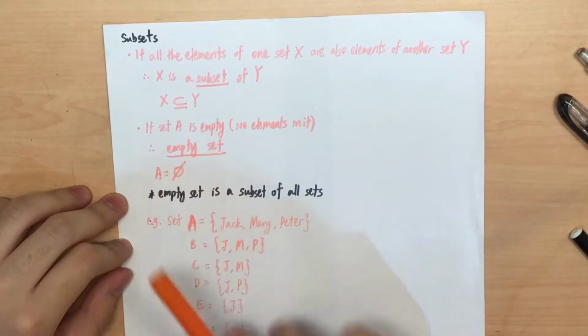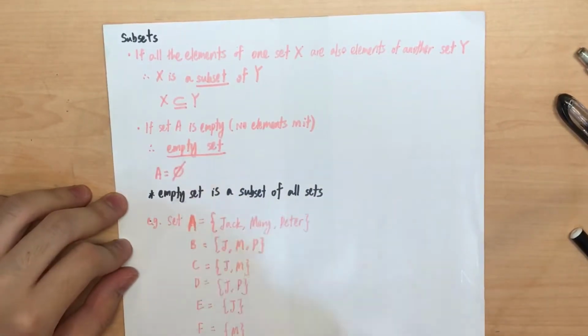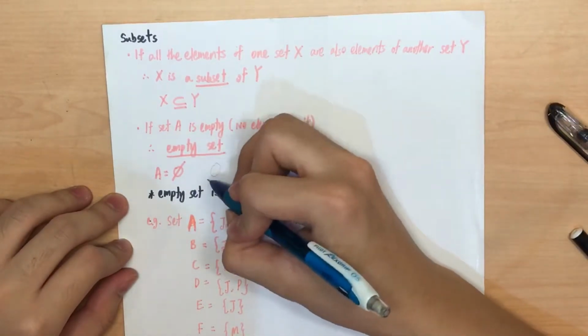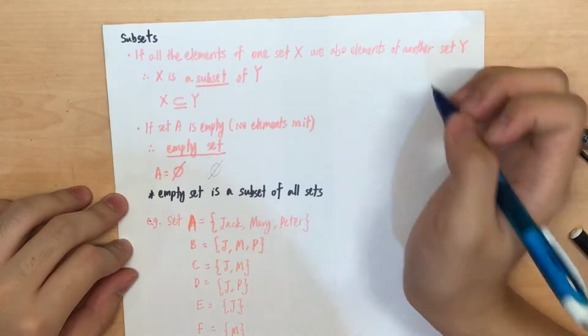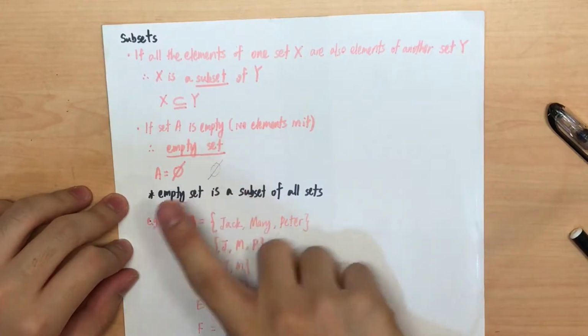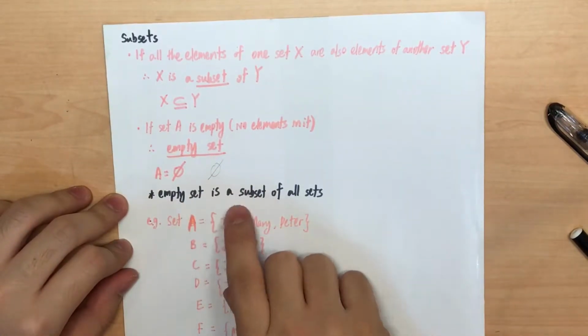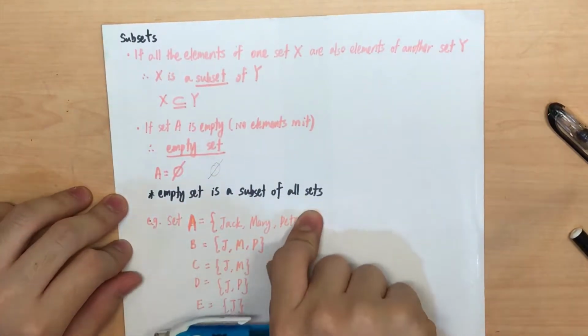We denote the empty set with this little circle with a slash. And take note, the empty set is a subset of all sets, whatever it is.